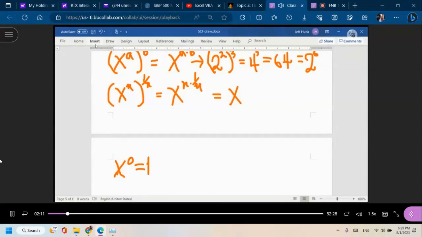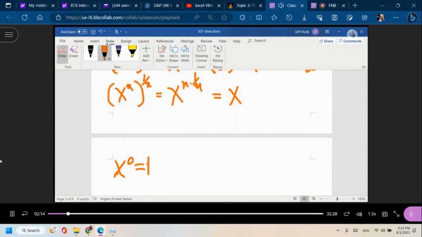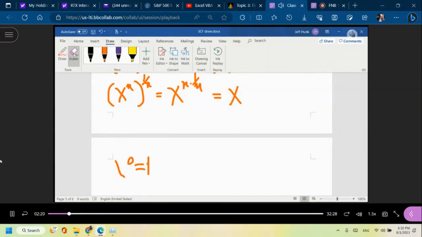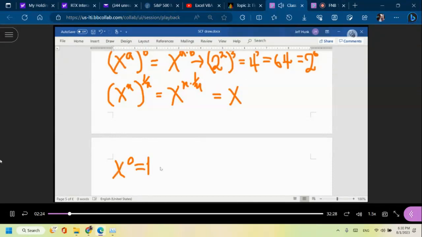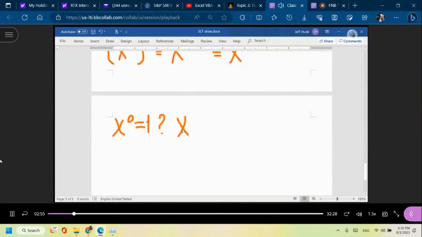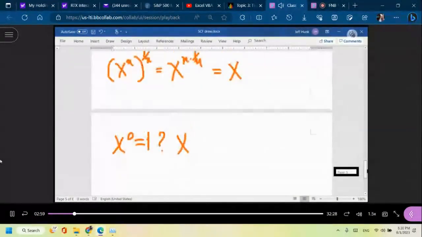Using one of the properties that we used. One of the properties was this: x raised to a, times x raised to b, is x to the a plus b. So let's try that.